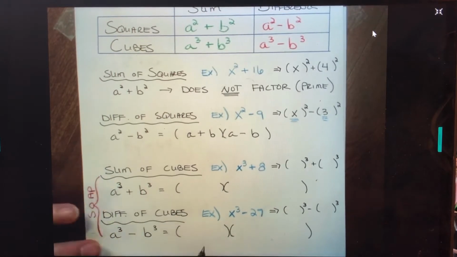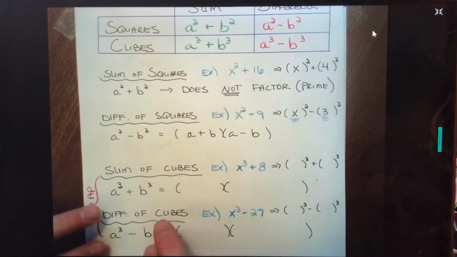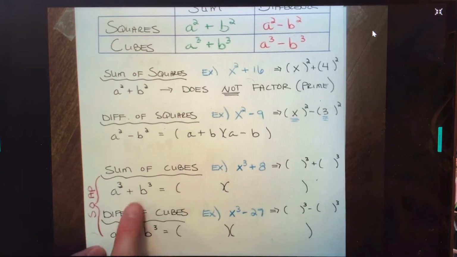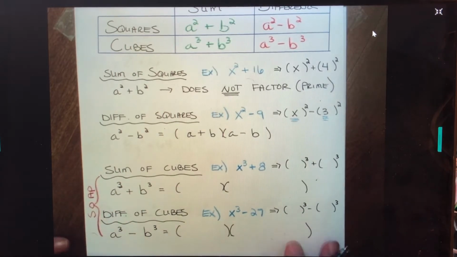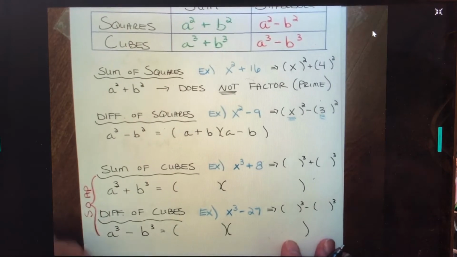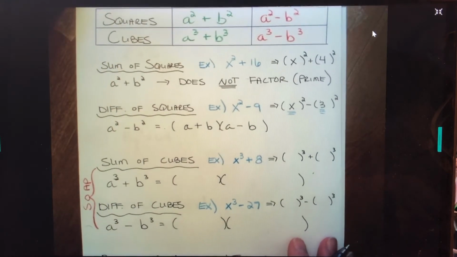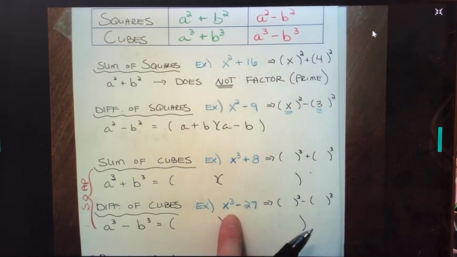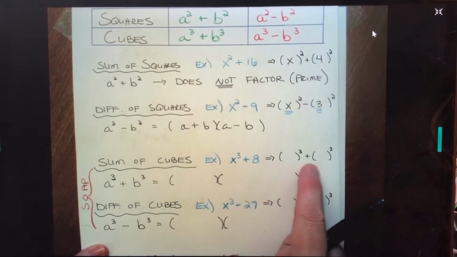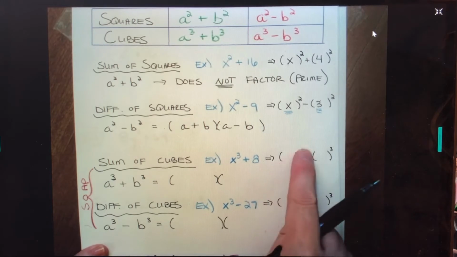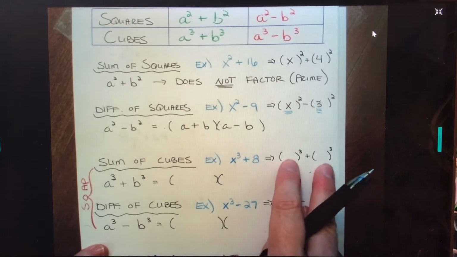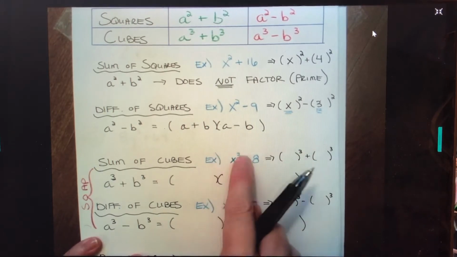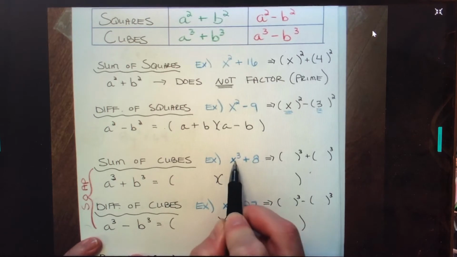Let's talk about the cubes. So if you have terms that are cubed, again, we could have the sum of cubes or the difference of cubes. Again, that is a formula that we will use to do the factorization. It's helpful, I think, whenever you have the polynomial to try to rewrite it as a cubed plus b cubed. So in other words, what is a and what is b? Again, this one's pretty straightforward. It's an x that's been cubed.